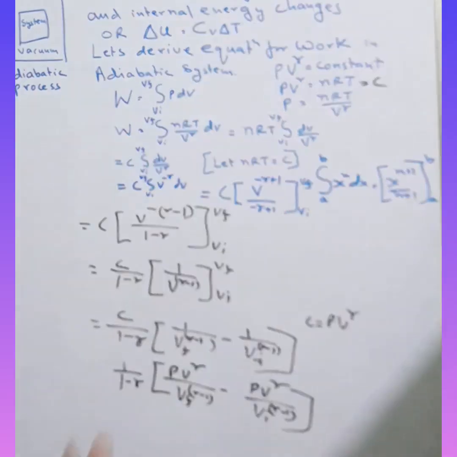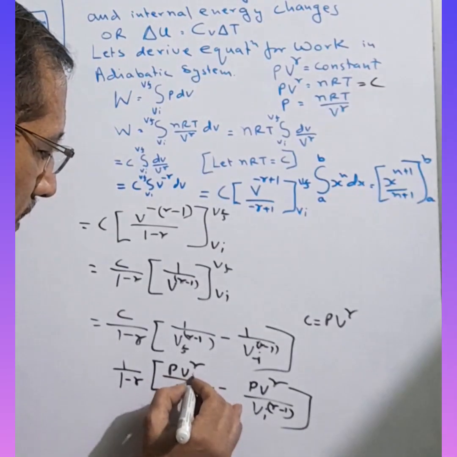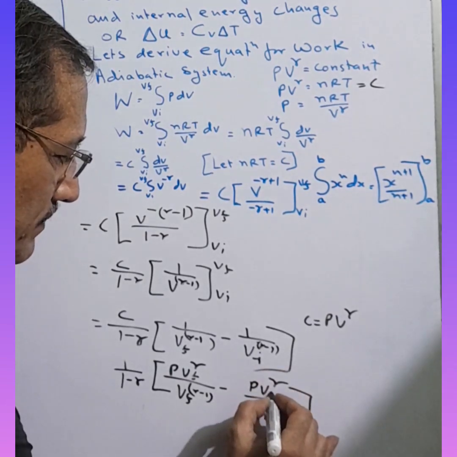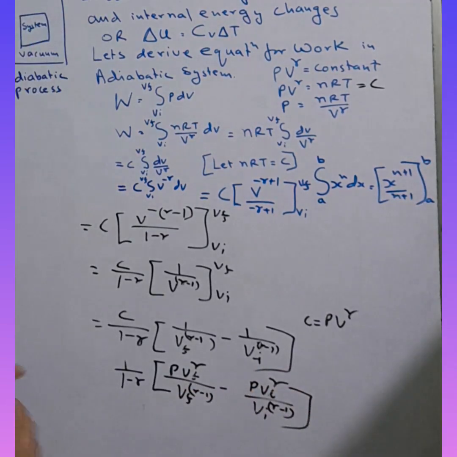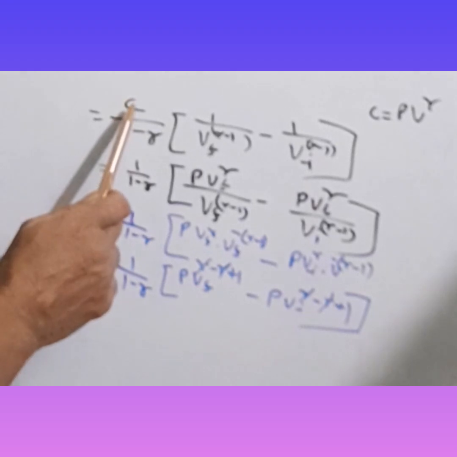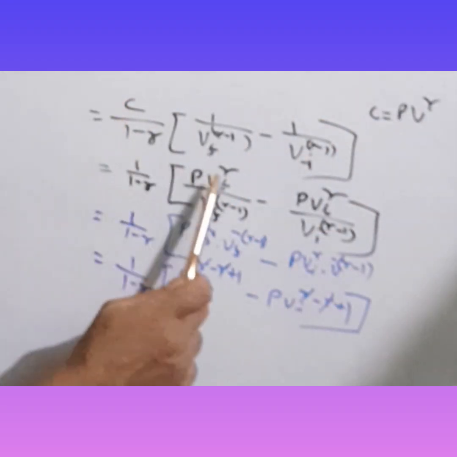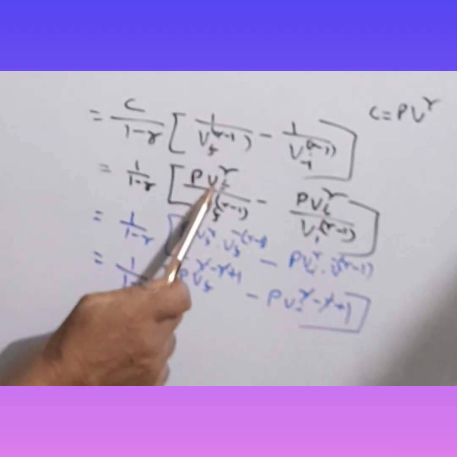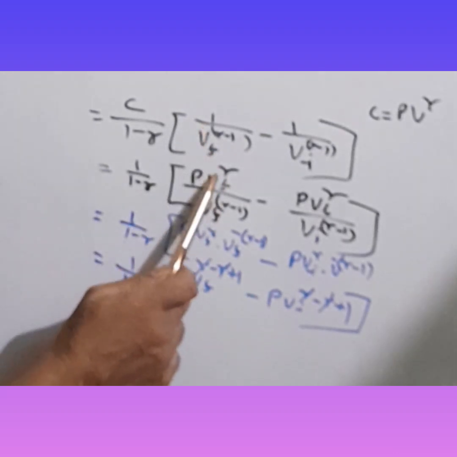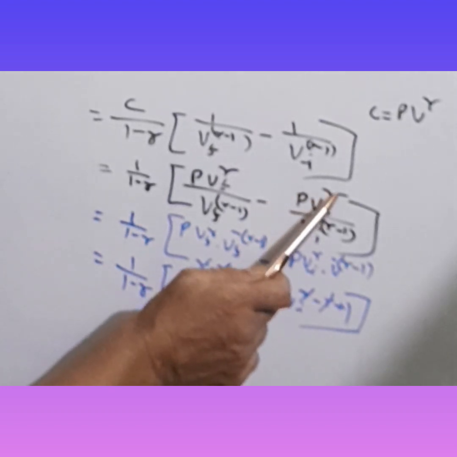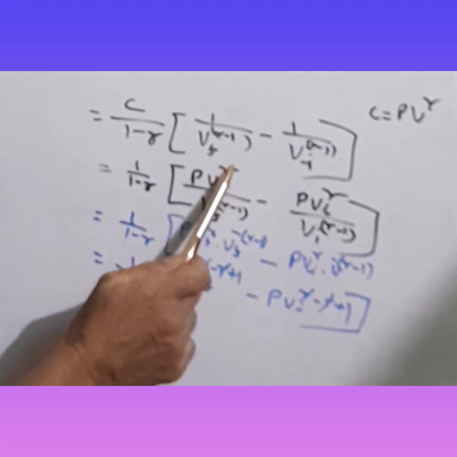Obviously, this would be for final and this would be for initial. As mentioned, C is equal to PV gamma, so we take PV gamma inside. When it is final it would be Vf, and when it is initial it would be Vi, raised to gamma.